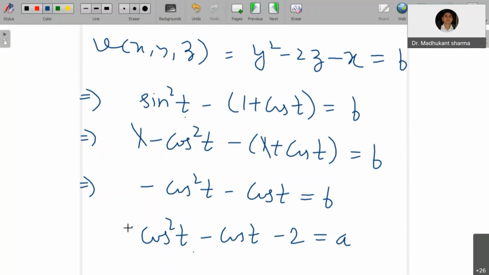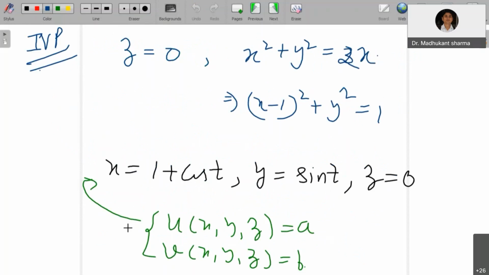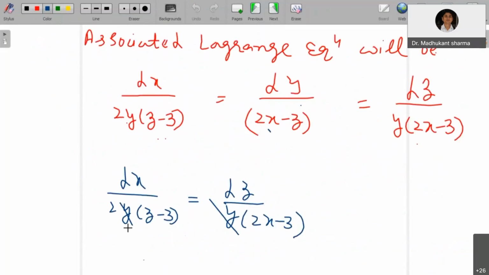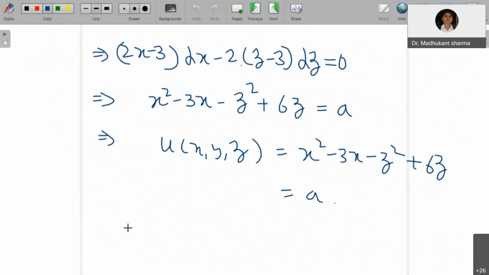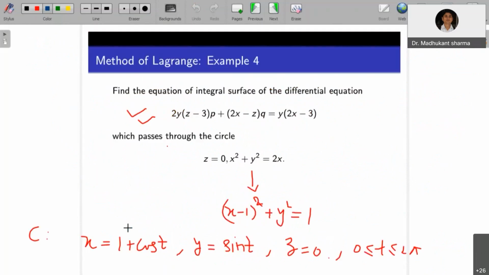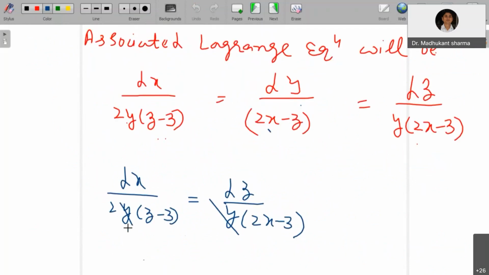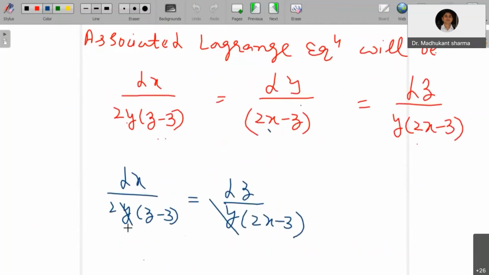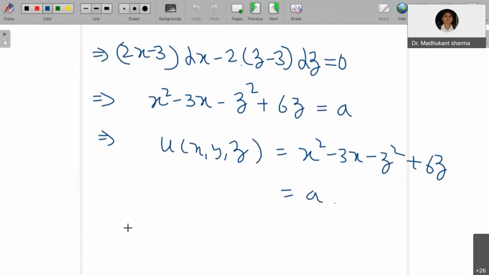Okay. So let me first check whether we have done all the things rightly or not, because otherwise that will lead to a lot of work. Let's verify the first two pairs. 2x minus 3 dx is equal to 2 times z minus 3 dz.